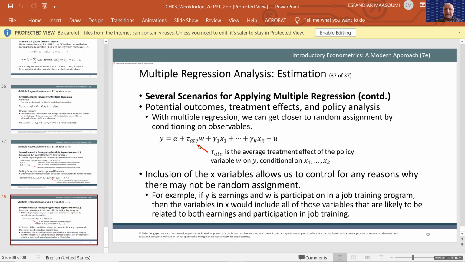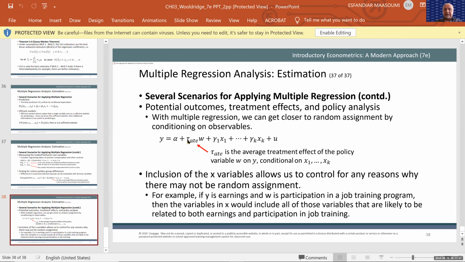And controlling for these other variables makes the assumption we made earlier, randomized assignment to groups in such a way as to make the outcome not dependent on participation given these variables, which makes for causal inference about the impact of W. Notice these would be tau i's, the treatment effect for individual i.